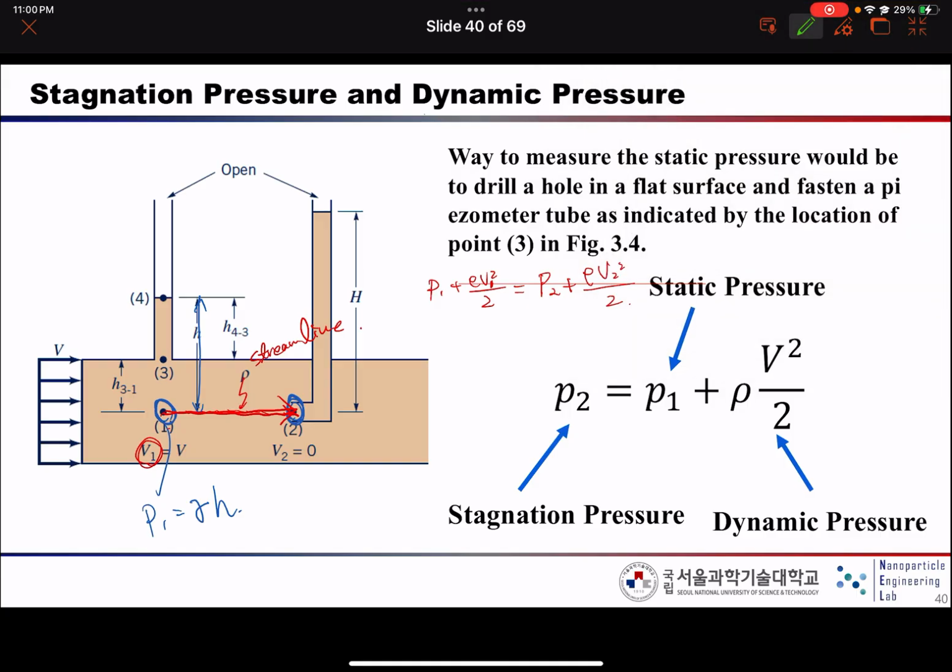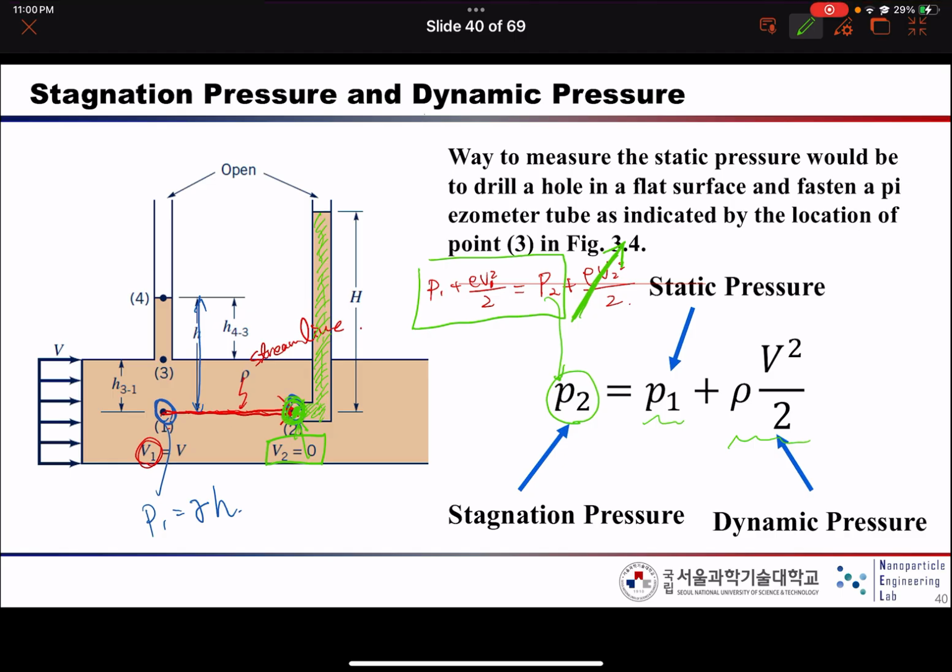But at point 2, the fluid has no way to move, right? So at point 2, the velocity should be 0, so we can remove this term. So we can write P2 equal P1 plus rho v squared divided by 2.